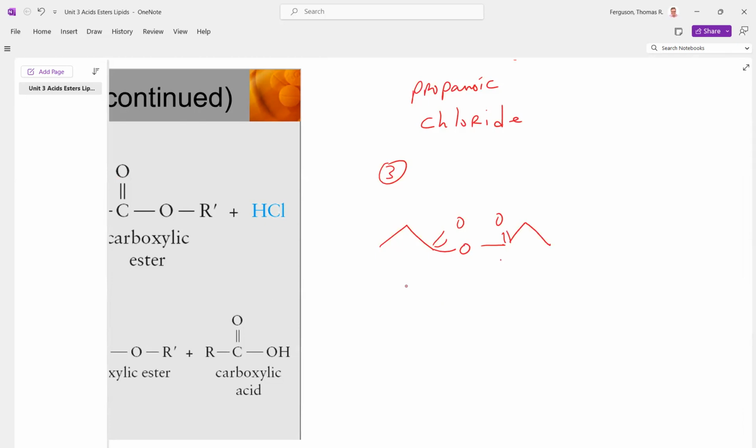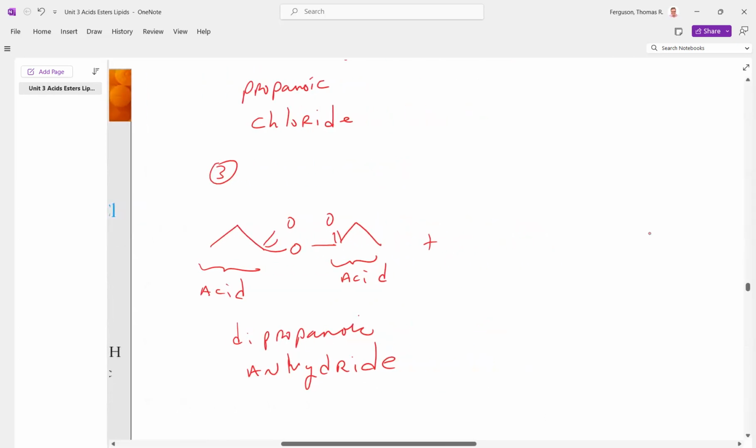Okay, so this would be the dipropanoic anhydride plus the ethanol.